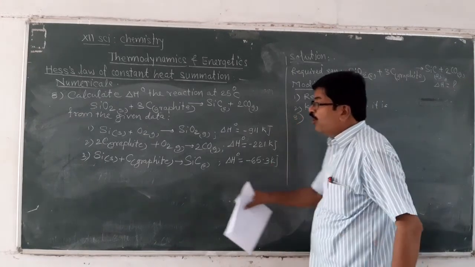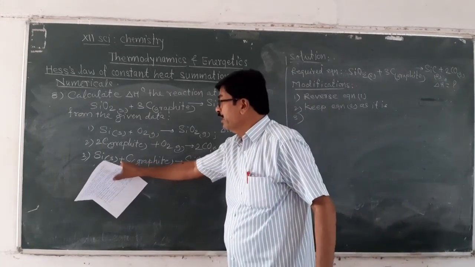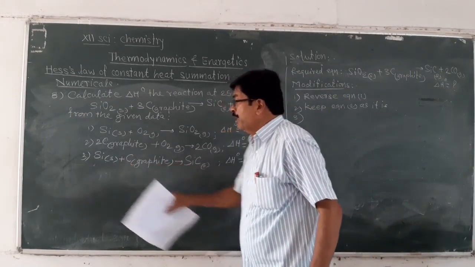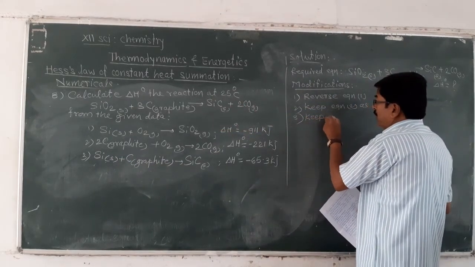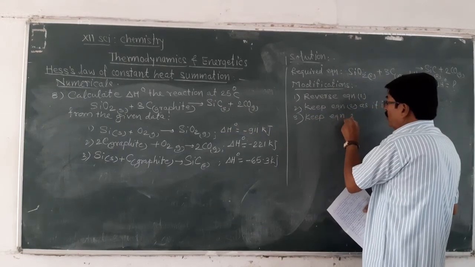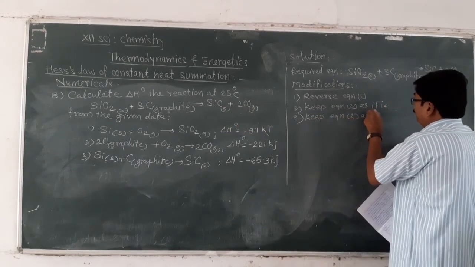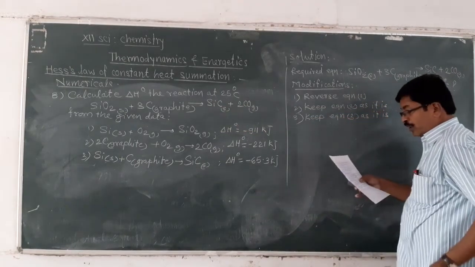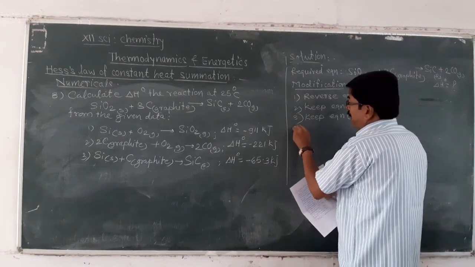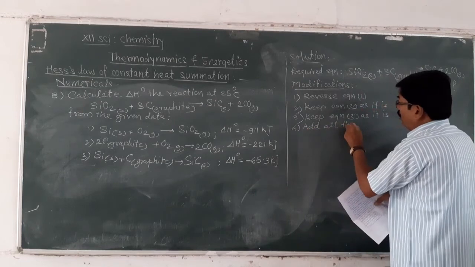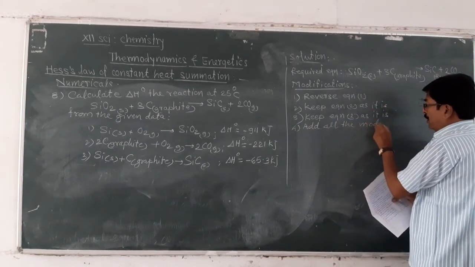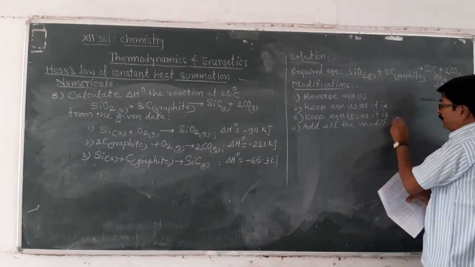Third, one more carbon is present in equation 3 on reactant side as per expectations, and therefore keep equation 3 also as it is. And finally add all the modified equations.